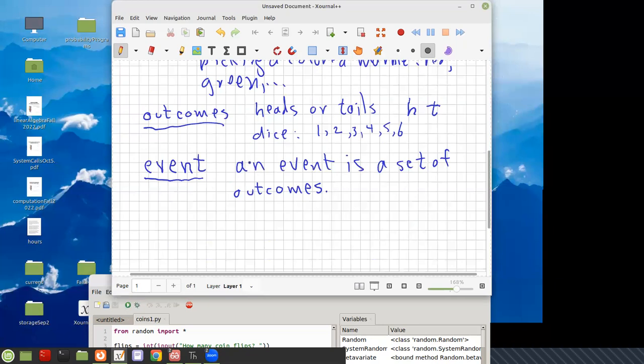For example, if we had heads and tails in this simple case, there's only so many sets of outcomes that can occur. For example, we could have the set with just heads, and that would be the event where heads occurred. And then we could have the event where just tails occurred. We could also have the event where either heads or tails occurred. And then there's also the event where nothing occurs.